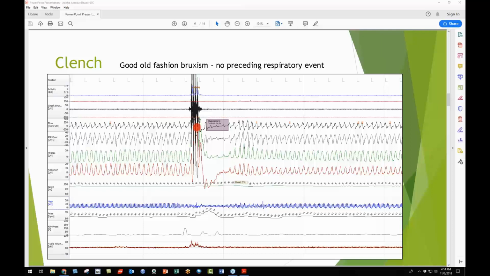When you're asleep, that feedback loop is suspended, and everybody on this call knows that the forces that the masseter can exert are extravagant. It's really quite an elegant muscle because of the forces that it can exert. At night, when that mechanism to ease off is suspended, your masseter brings to bear its full potential on the enamel, and this is one of the things that we see time and time again.